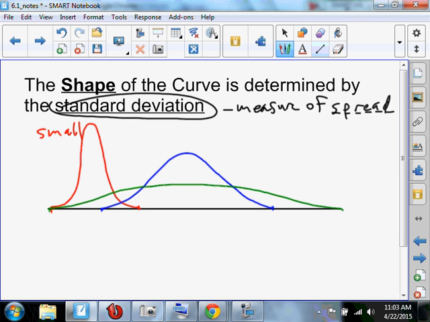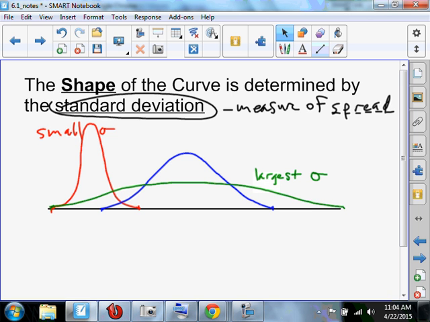Good. So we would expect that to have the smallest sigma. For the green curve here, that one is spread out the most. So we would expect that one to have the largest standard deviation. Okay. Does the logic of that make sense?